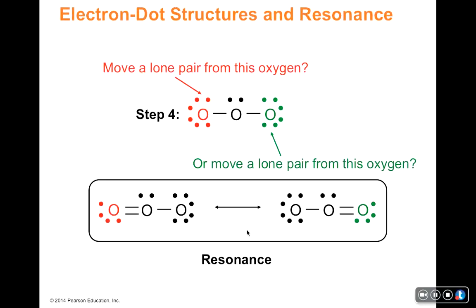So let's take a look at the one on the left. If we wanted to assign formal charges for each of the atoms there, look at the oxygen that's in red, and see how many electrons are shown around it that belong to it. There are two lone pairs, the two pairs of red dots, so that's 4.